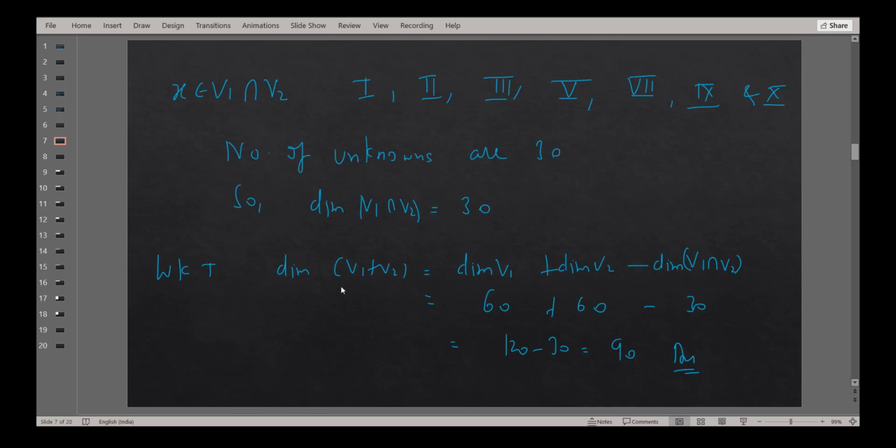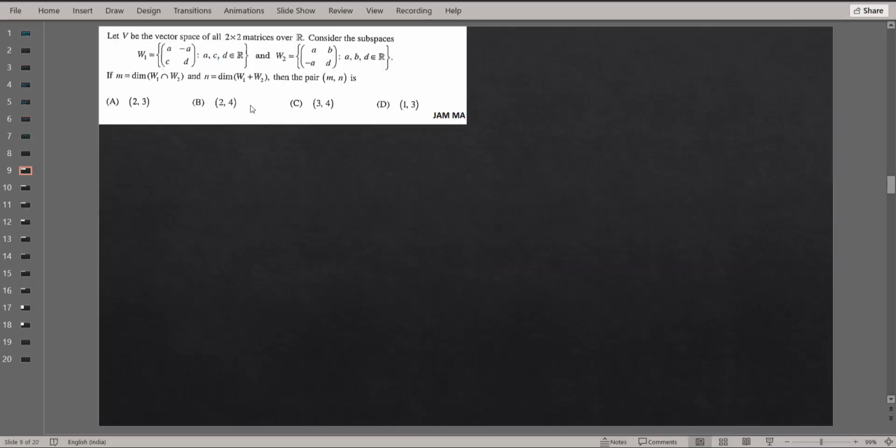Now we will do some previous year questions. Let V be the vector space of all 2 cross 2 matrices over R. Consider the subspaces W1 and W2. If M equals the dimension of W1 intersection W2 and N equals the dimension of W1 plus W2, then the pair (M, N) is. We have to find the dimension of W1 intersection W2 and the dimension of W1 plus W2.